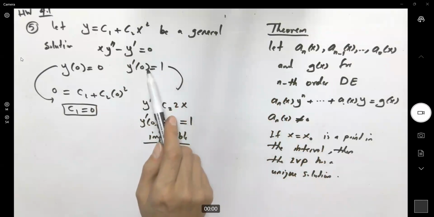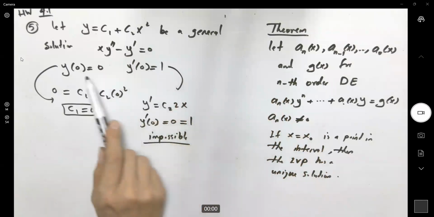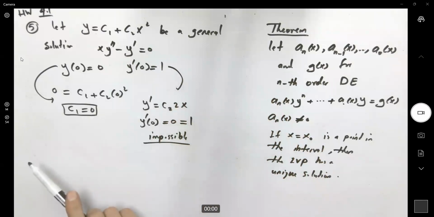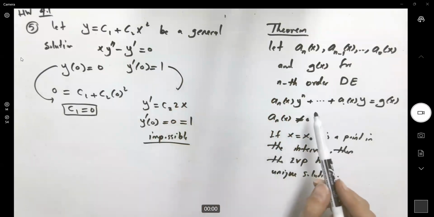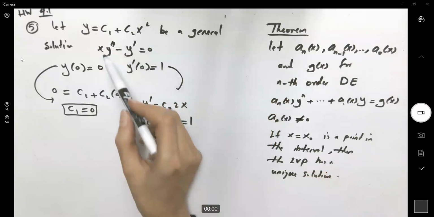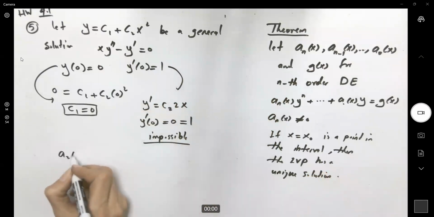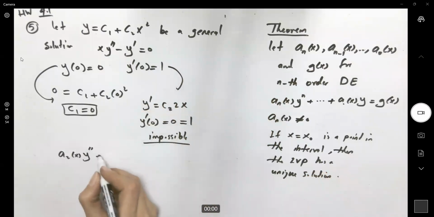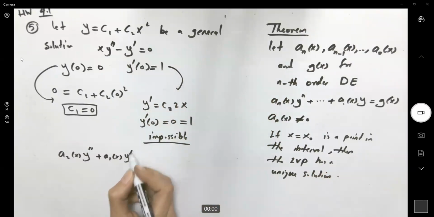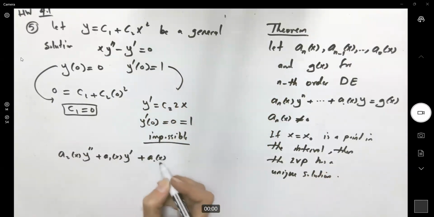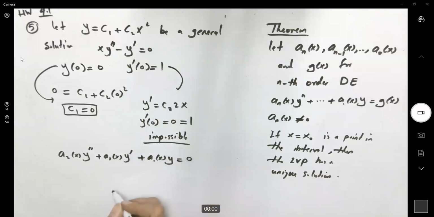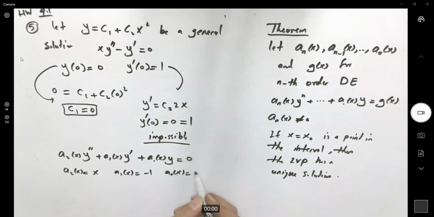Here we are defining an initial value problem with these conditions. Note that here you have a sub 2 of x times the second derivative plus a sub 1 of x times the first derivative plus a sub 0 of x times y equals 0. a sub 2 of x is just x, a sub 1 of x is just negative 1, and a sub 0 of x is equal to 0.